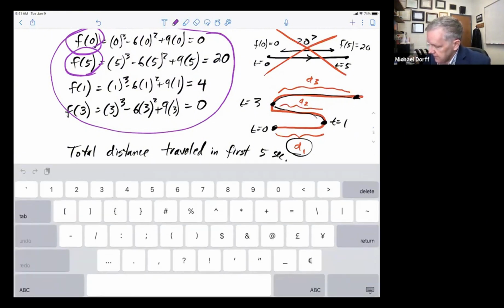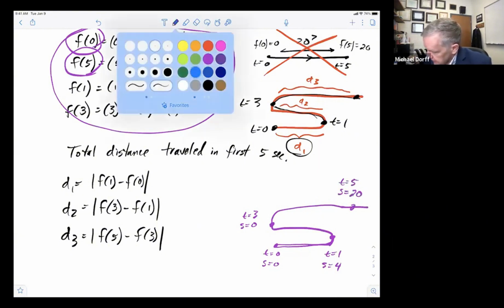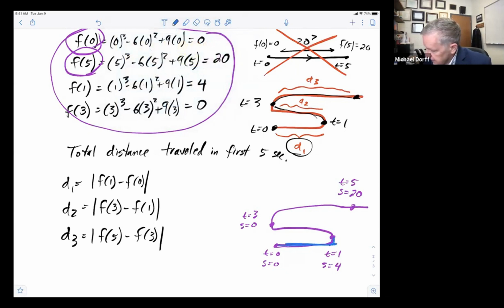And this then here is when t equals 3, and the location of it is 0 again. So that, and then we go all the way over here, and we have t equals 5, and the position is 20. So I've got to do this in different colors. This distance here traveled, that's D1.